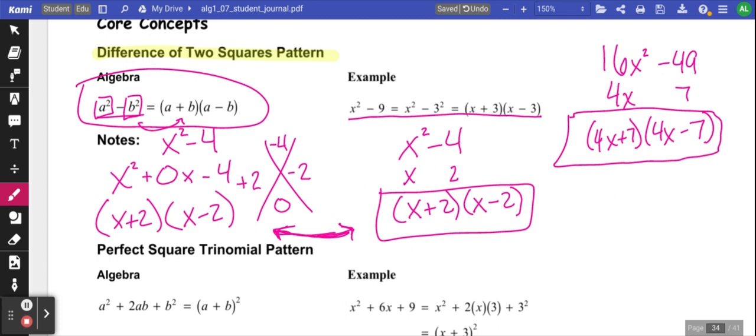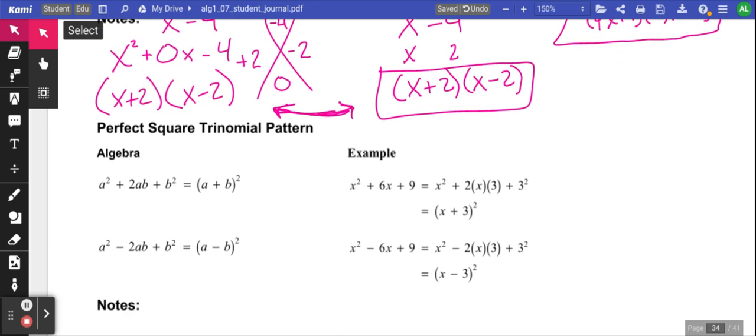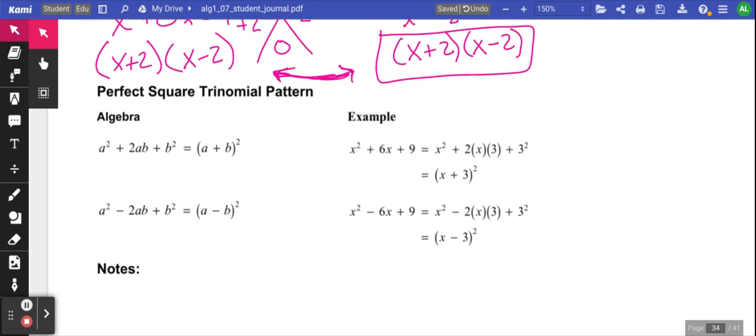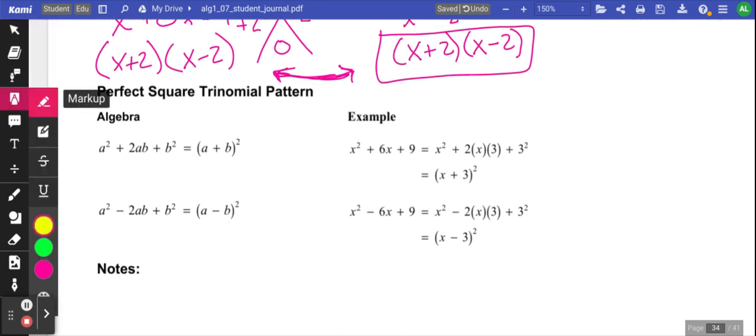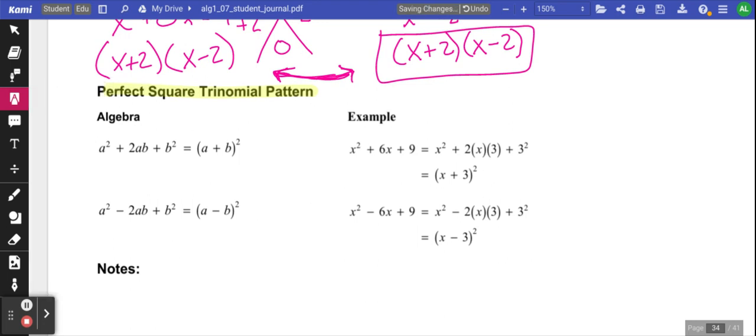Alrighty, let's look at perfect square trinomials. I think for a lot of us, identifying perfect square trinomials is a little harder than just difference of two perfect squares, right? Sometimes it might be hard to identify what is in this special pattern versus what is just a normal trinomial.